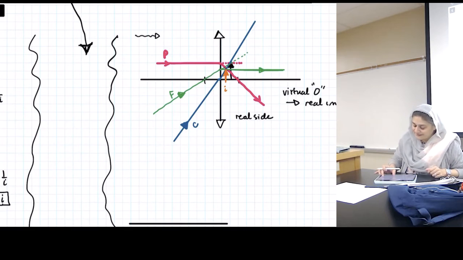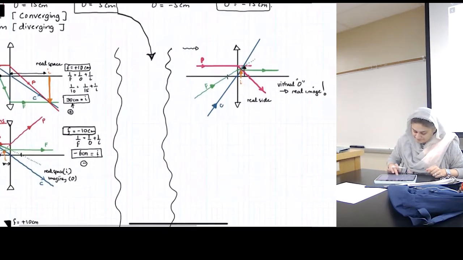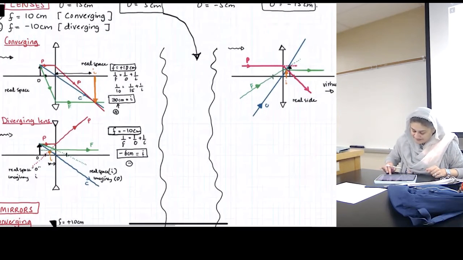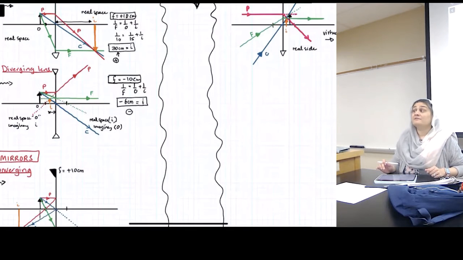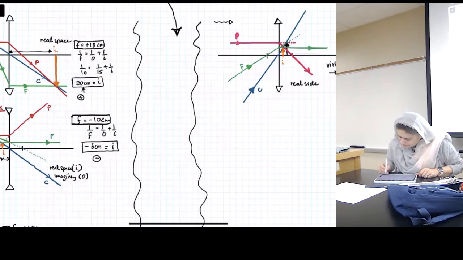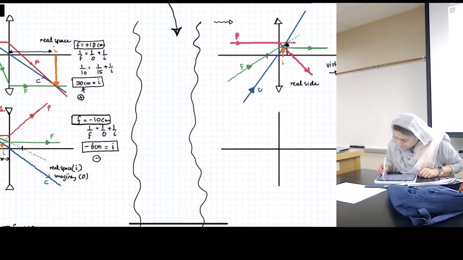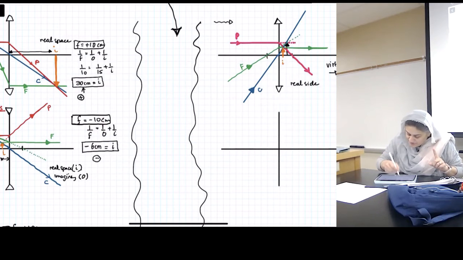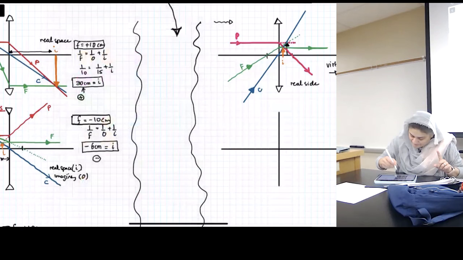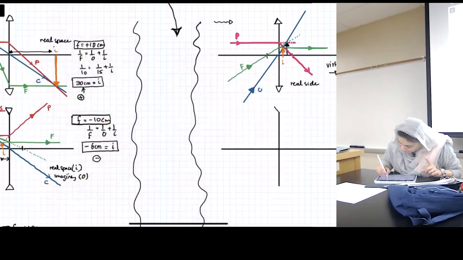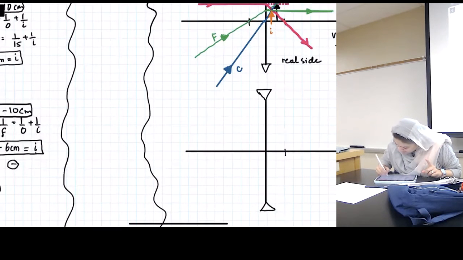Okay, now the next one is a diverging lens with a virtual object. So a diverging lens. See how much I have to think about this? It will be this one, using the same criteria.